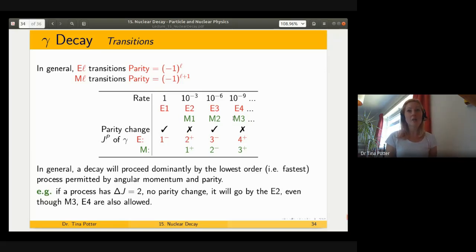Although you can, of course, have M3 and E4. You can have a delta J of 2 if our photon is spin 4 positive parity or spin 3 positive parity. Write down those quantum numbers and see if you can prove that to yourself. So these ones are also allowed, but they are very much suppressed with respect to the E2 transition.